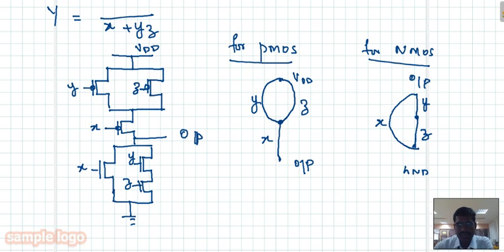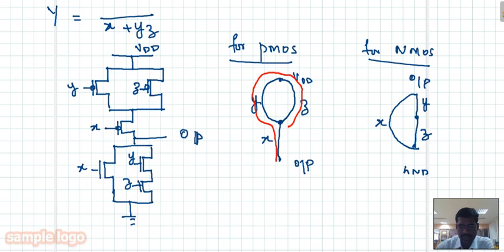As per the definition of Euler path, we have to visit all the nodes in the graph such that each edge is visited only once. If you start from this point, I will go like this, like this, and like this.